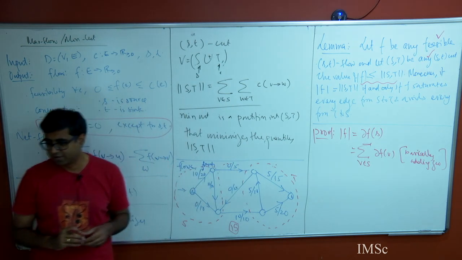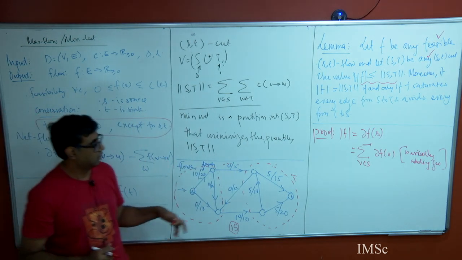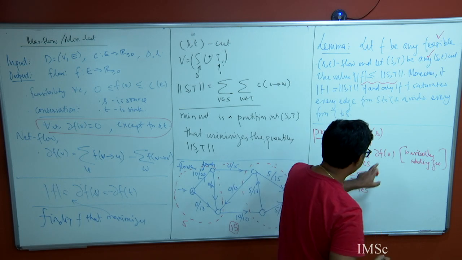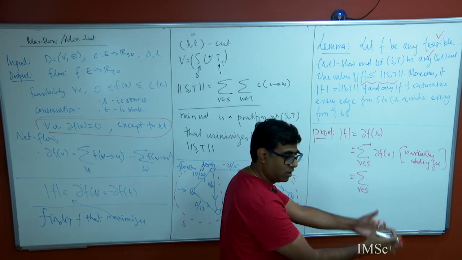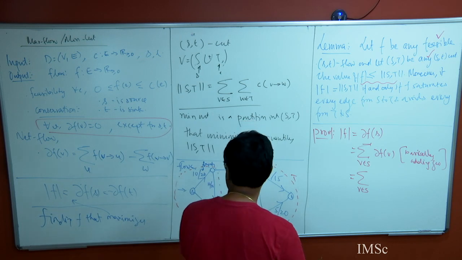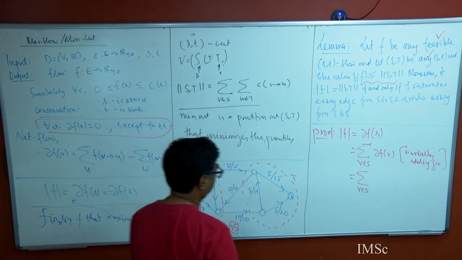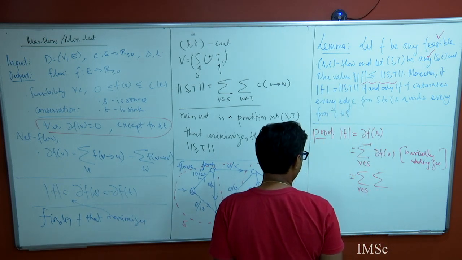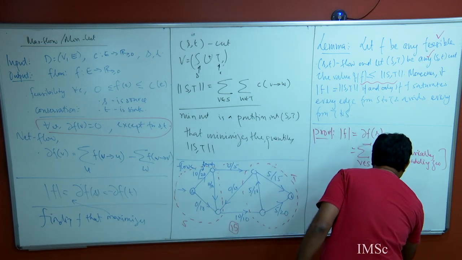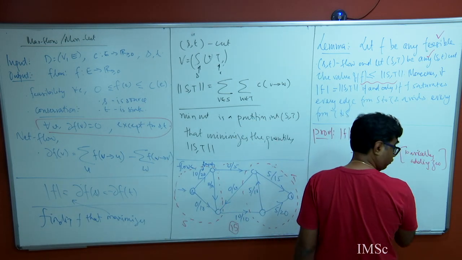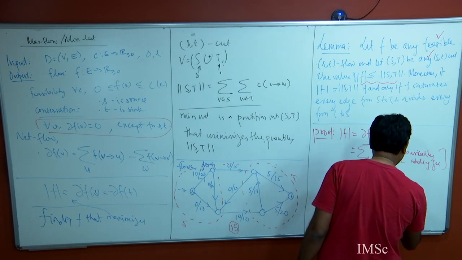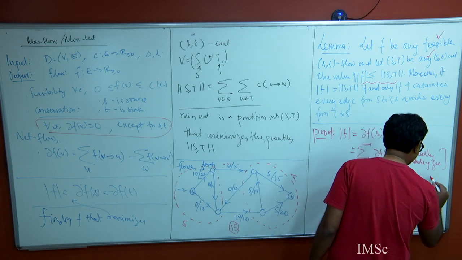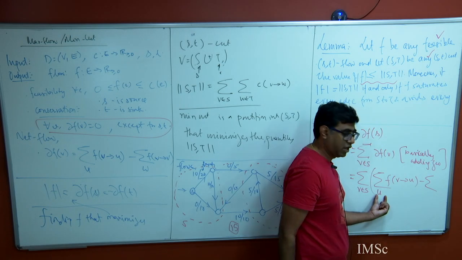Now let's expand the definition of this. So by definition, v in S, what is this delta F of v? It's basically what is going outside of v minus what is coming inside. So let's write it down. Sum over all u of flow from v to u, right, minus summation, and I am running over all possible u's.